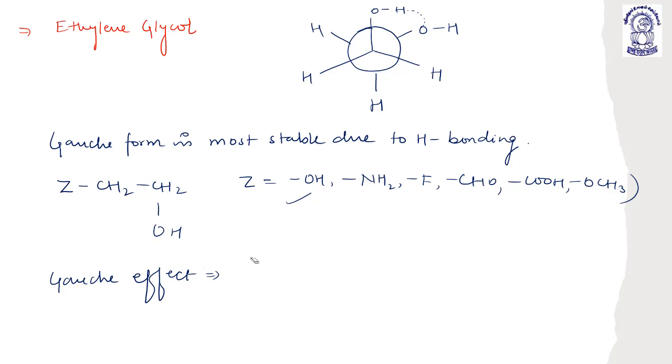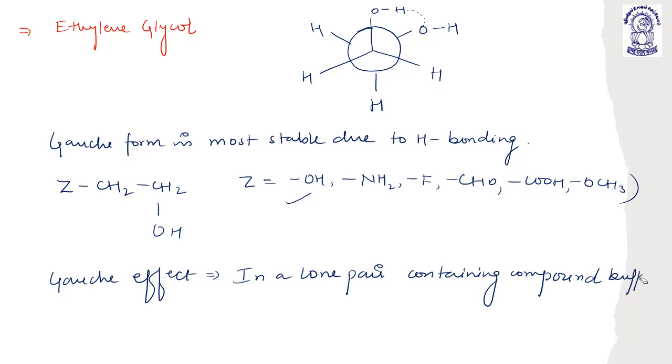In a lone pair containing compound, the bulkier group should be placed in gauche. The group which is more bulky is at 60 degrees from the lone pair, as the lone pair has minimum steric repulsion.